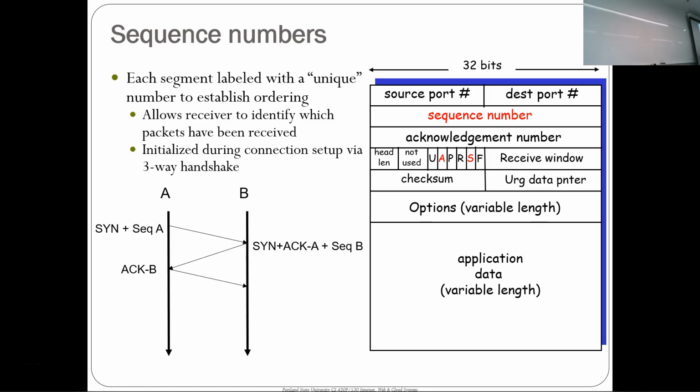As part of a TCP handshake, you send a sequence number that A wants to use to start labeling its packets as part of this connection setup, and then B will acknowledge this sequence number A, and then send a sequence number B that it wants to use for any data that it sends the other direction. And the last part of the three-way handshake acknowledges B. At this point, both A and B know the sequence numbers they're sending data with to and from each other, and they can then do the protocol reliably, checking for sequence numbers and acknowledgements.